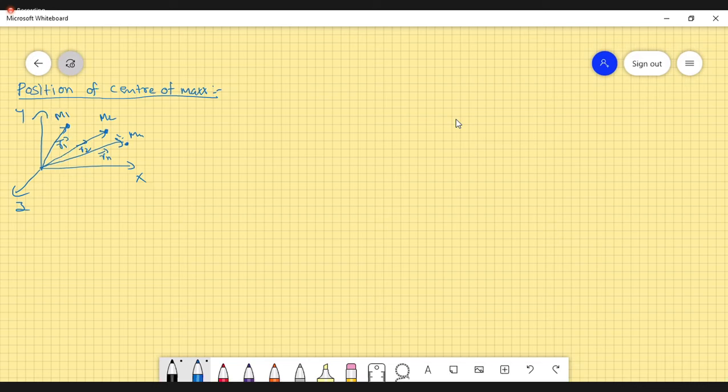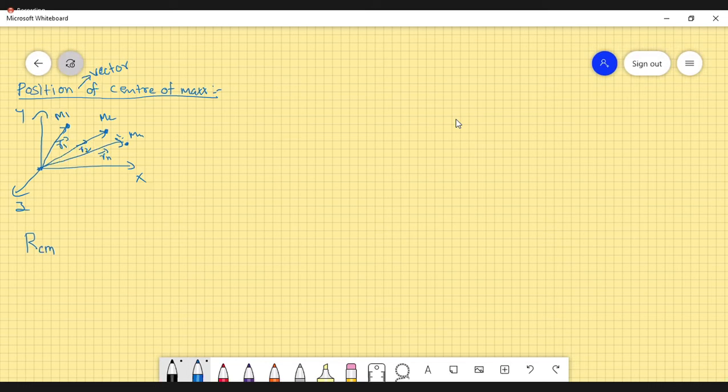Now the position of the center of mass will be a position vector, so we can calculate the position vector also. Let us consider the position vector of the center of mass as R cm.